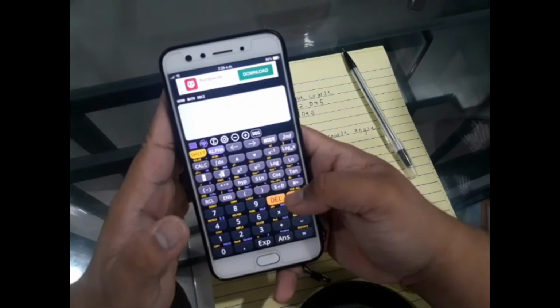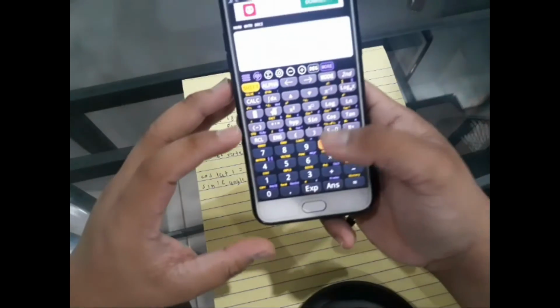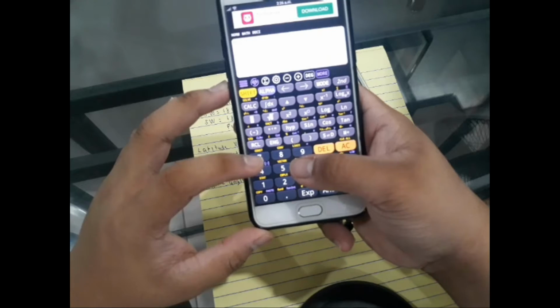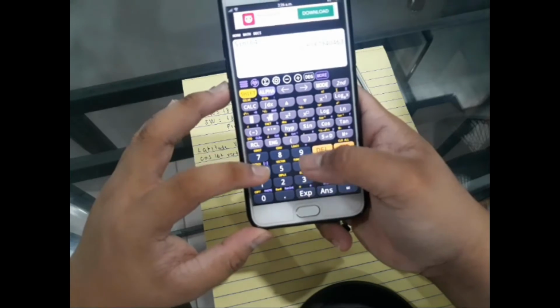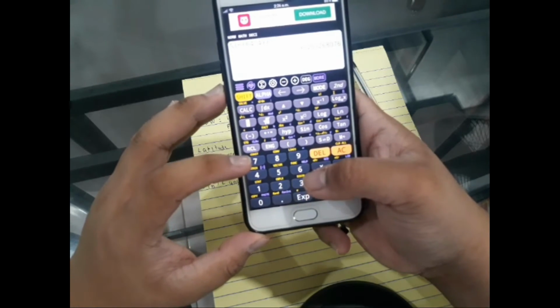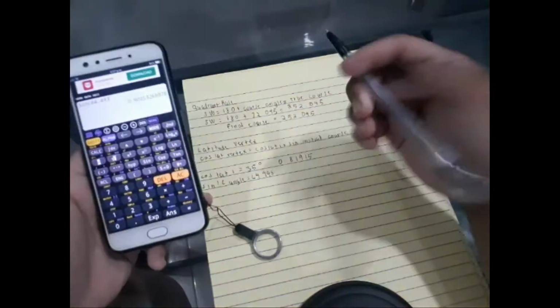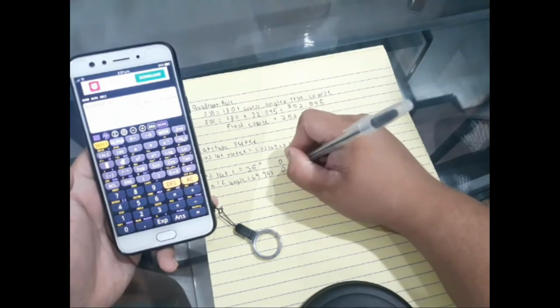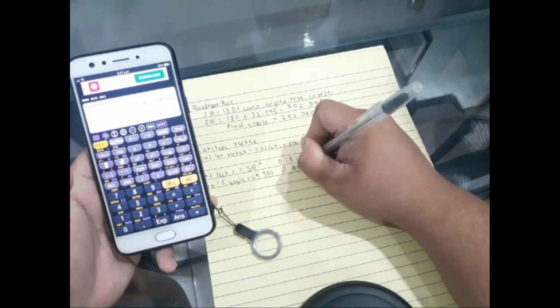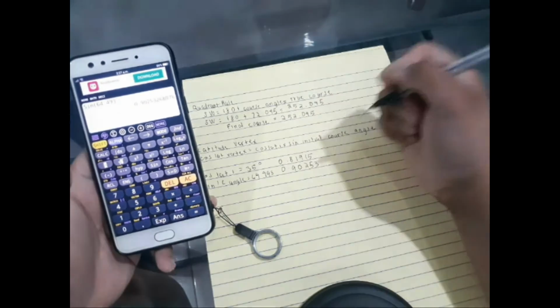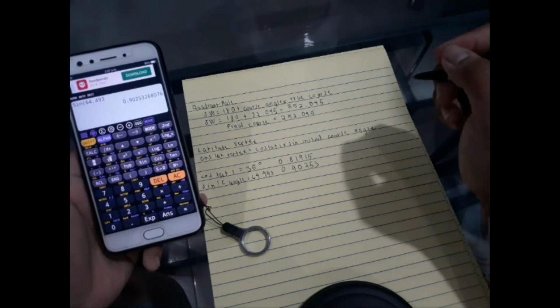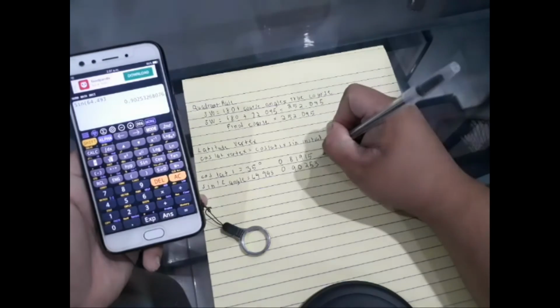So we're just gonna sin 64.493. There you go. Is equal to 0.90253. So we're gonna times it.